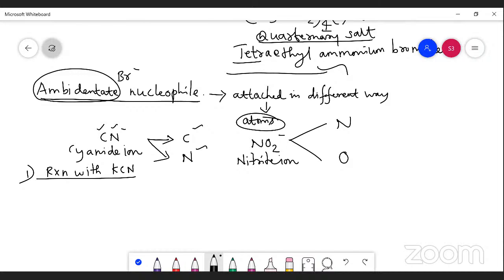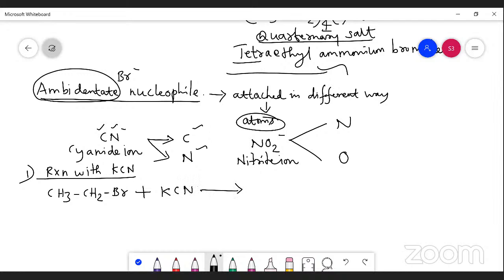Like that. Okay, so reaction with KCN. You take the haloalkane, CH3CH2Br. What is this? Ethyl bromide. In that ethyl bromide, add potassium cyanide.